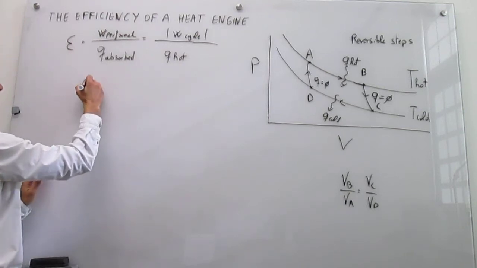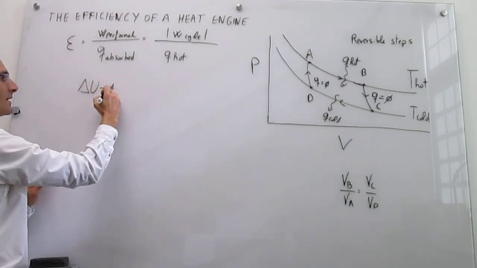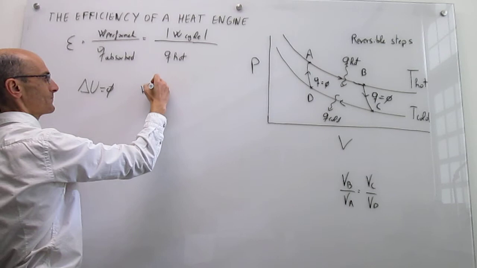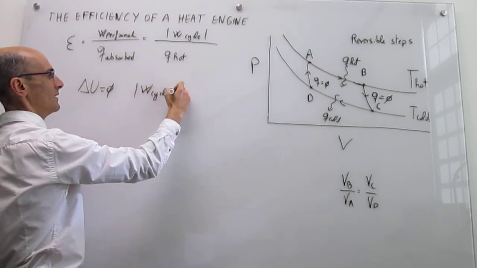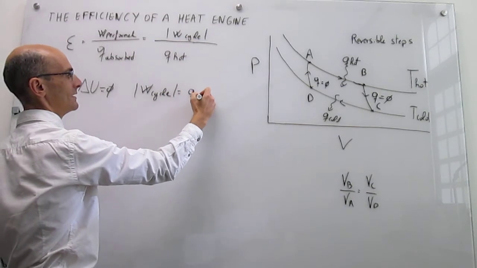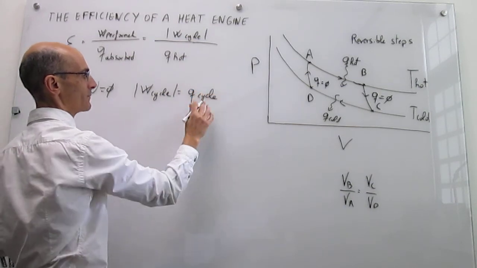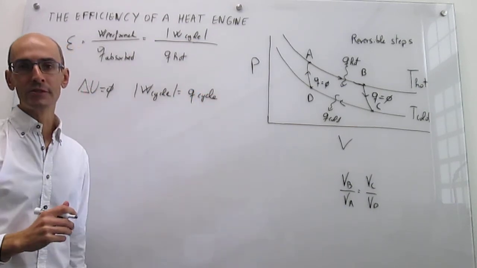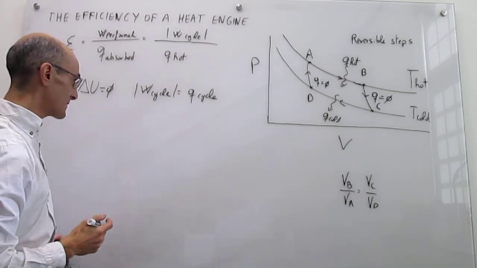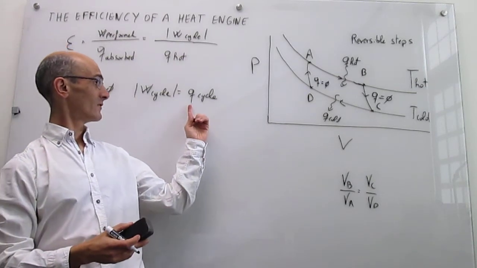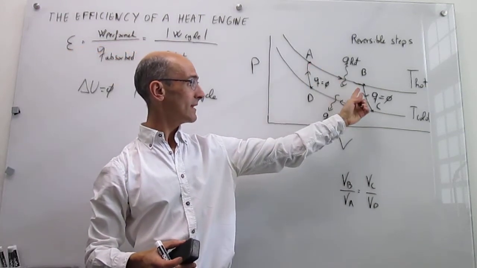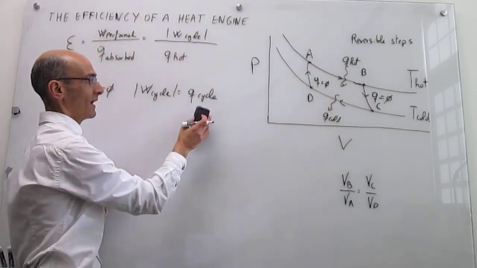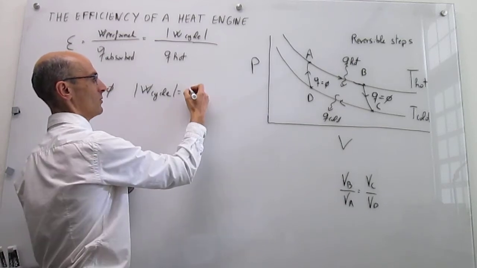So we know that for a cycle, the work that you do in the cycle, in absolute value, has to be equal to the heat in the cycle, and this is simply the application of the first law to that cycle. Now the cycle only transfers energy as heat in either this step or that step, which we call Q hot or Q cold.